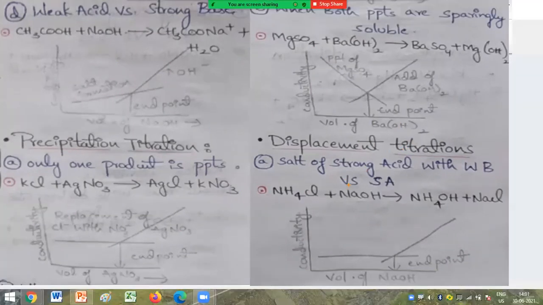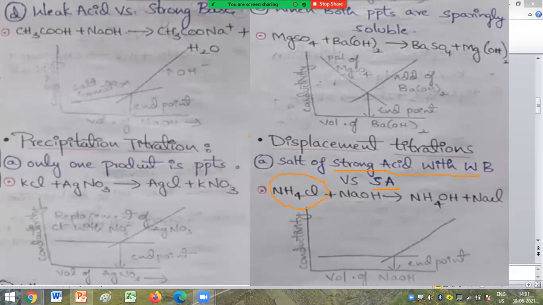So what is happening here? There are also two types. The first one is salt of a strong acid with a weak base versus a strong acid. Listen carefully. For example, take ammonium chloride, which is a salt of a strong acid.